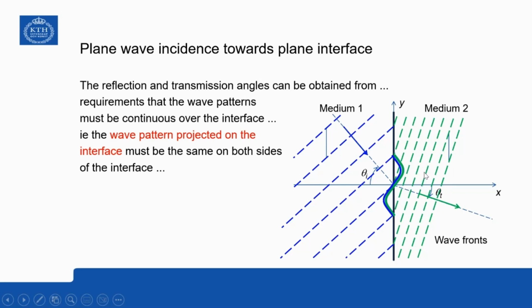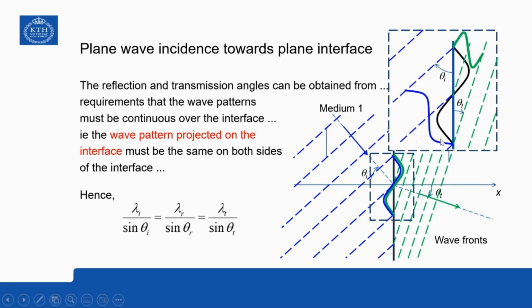So the dashed lines here are also 0 points, and in between we have minima and maxima. And if we want a continuity in the patterns here, then of course the wavelength projected on the interface here must be equal, both on the medium 1 side and on the medium 2 side.